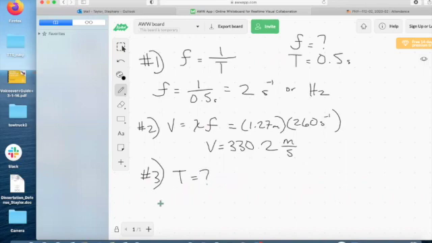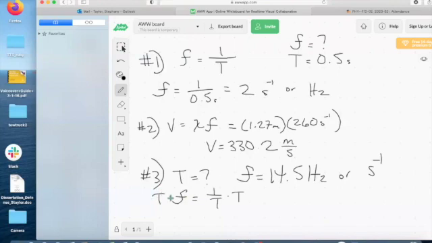So we're going to use the frequency equation. I said the frequency was 14.5 hertz, or seconds to the minus 1 power. If we use the same equation, f equals 1 over t, and we solve for t, to get it to the other side of the equation we multiply both sides by t.